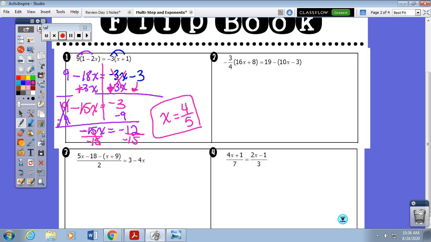Okay. Very similar idea. Actually, I'm just going to get you started on number 2. Here we go. We're going to distribute this negative 3/4 to both pieces. I'm going to do that off to the side over here and show you. Negative 3/4 times 16x. Remember, 16x is 16x over 1.